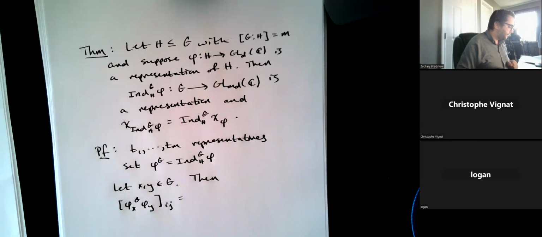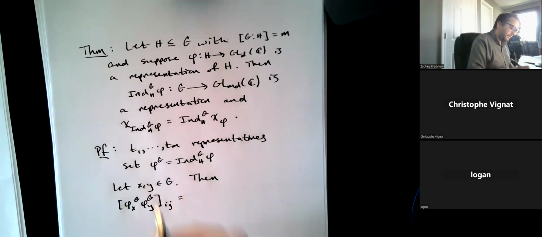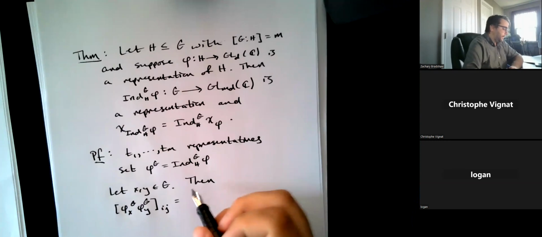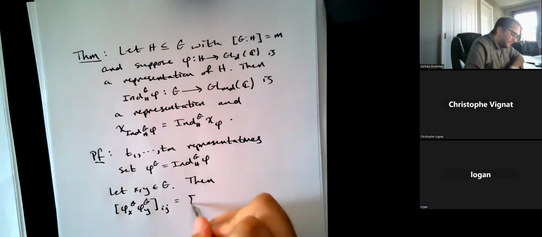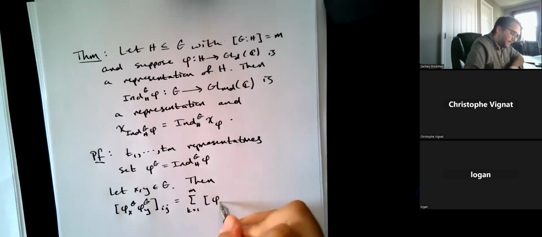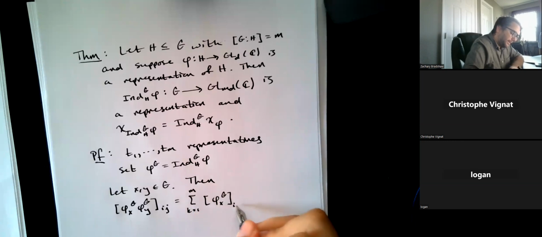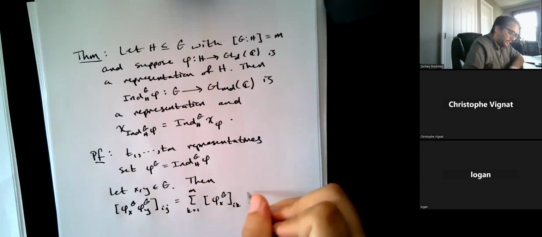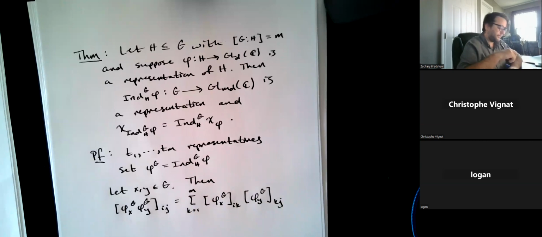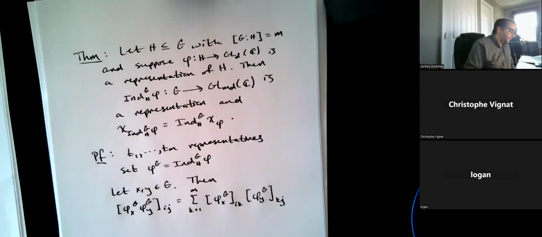well, yes, we want to show this is the same as phi^G(xy), the ij entry. Okay, so this is equal to the sum from k equals 1 to m of phi^G(x)_ik phi^G(y)_kj. So a product of matrices, right?